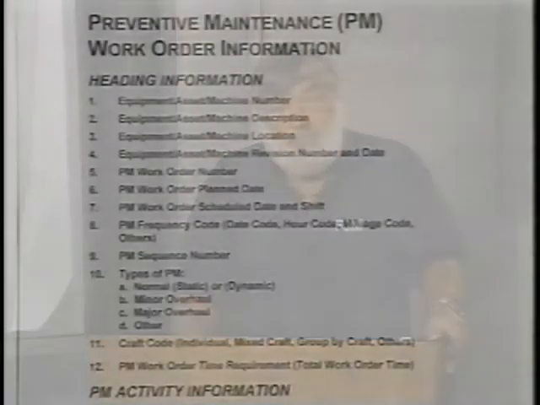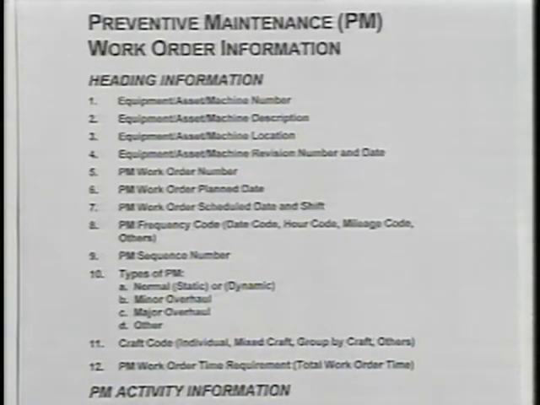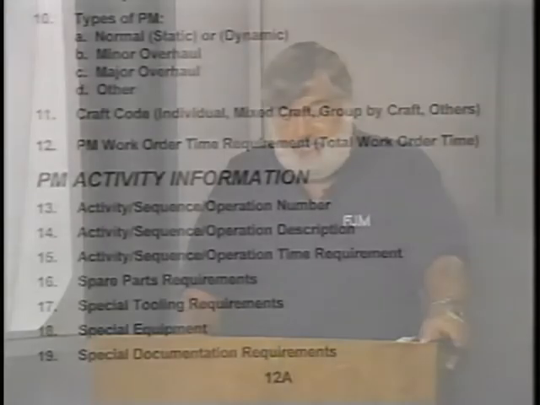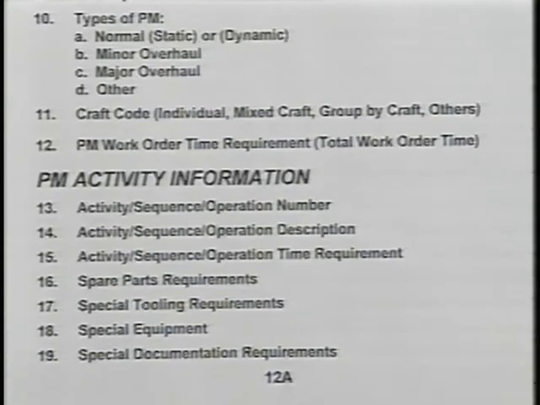The first 12 data elements are under the heading called heading information. And I think you could just peruse through those 12 data elements, and it's something that we have identified previously in this section.